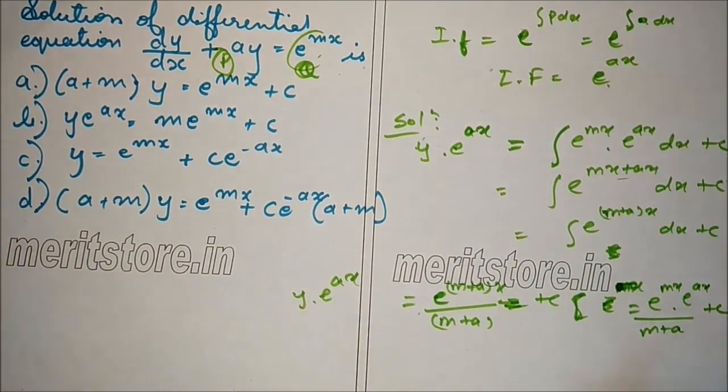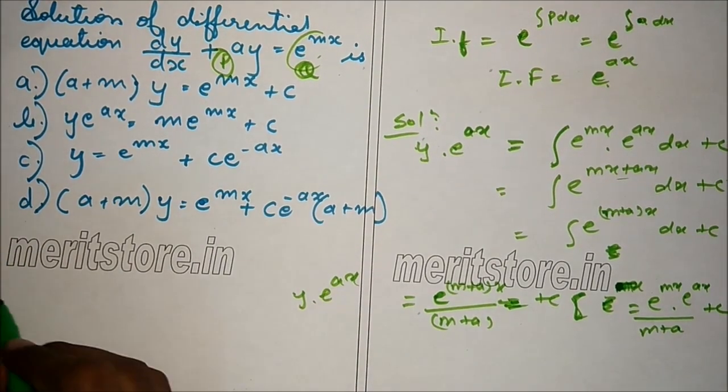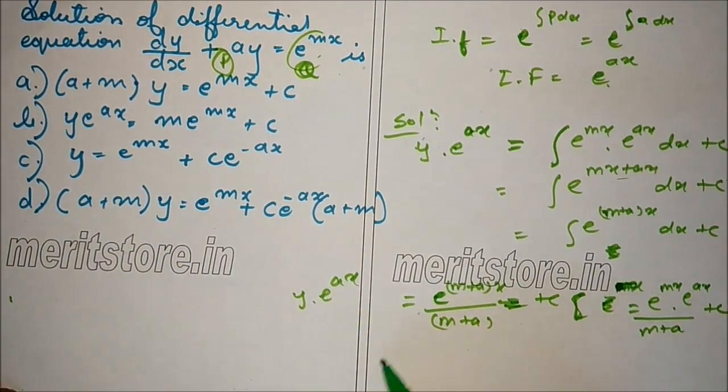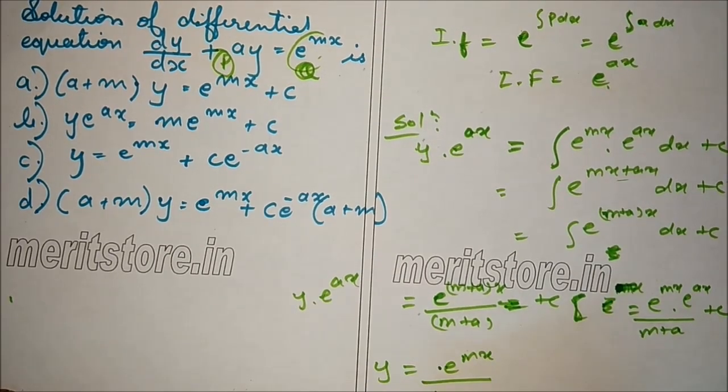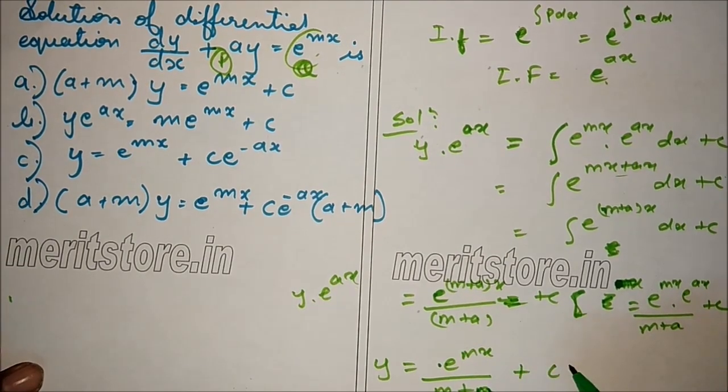Now dividing throughout by e raised to ax, we get y is equal to e raised to mx upon m plus a plus c e raised to minus ax.